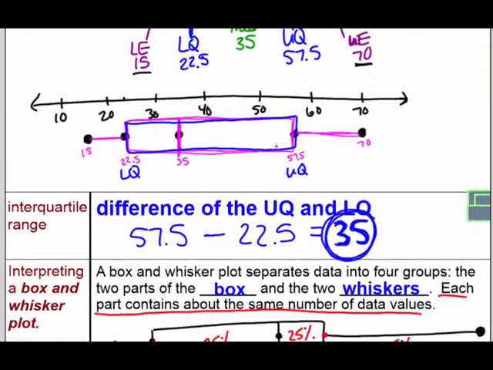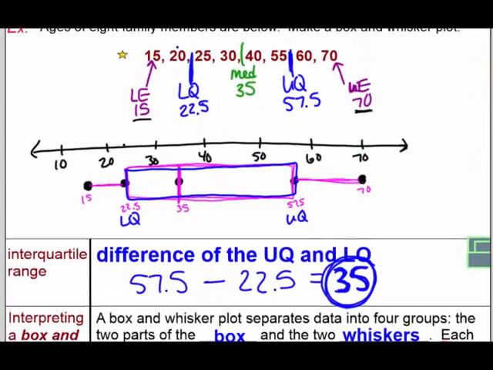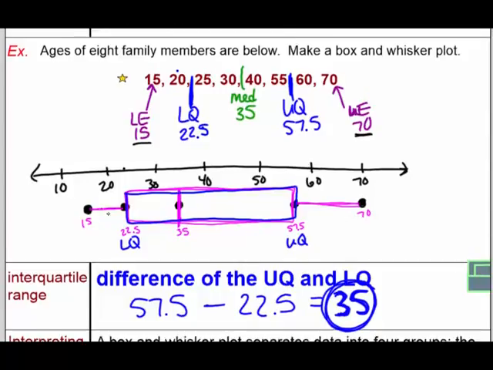Because if you look up here, even though they're not spread out, I know that 25% of my data in here represents ages from 15 to 22 and a half. I know that 25% of the people in this family range from the ages of 22 and a half to 35. 25% range from 35 to 57 and a half, and then 25% of the people in this data represent ages from 60 to 70.